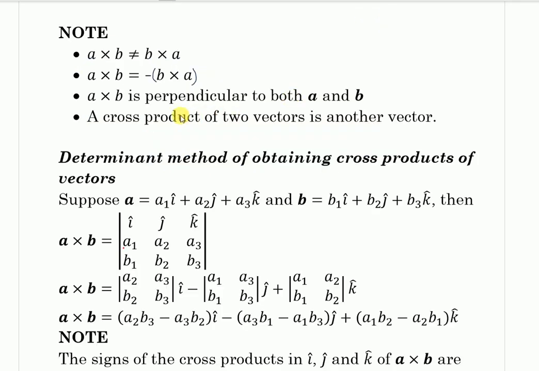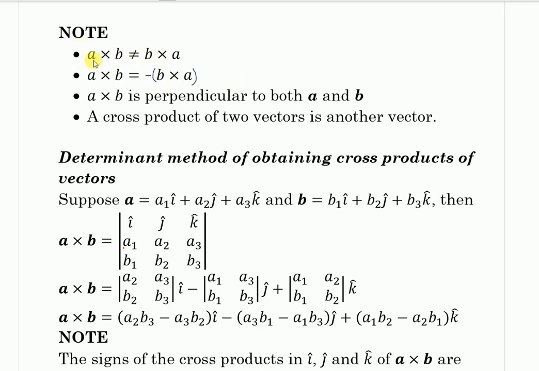There are some concepts we need to take note of here. We are going to observe that a cross product is not commutative. Having a cross b is not the same as b cross a.